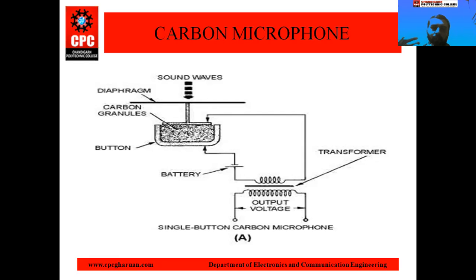This property is used in the carbon microphone, so it can convert an audible signal into an electrical signal. According to our pitch, pressure is applied on the diaphragm, and the diaphragm presses the carbon, so the resistance of the carbon varies.